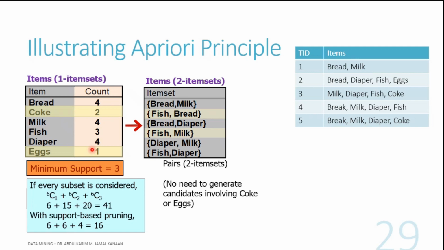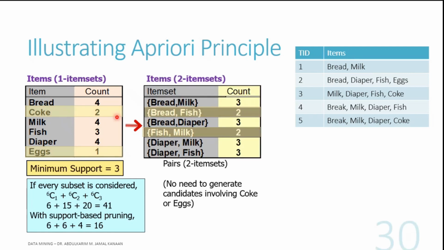Okay. And now we need to look for their count. So we calculate the support count, and we find that bread and fish should be eliminated because they do not fulfill the minimum support, same as fish and milk. So these 2 item sets must be out because they do not fulfill the minimum support threshold.